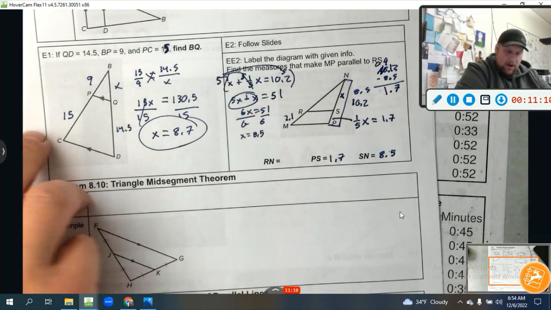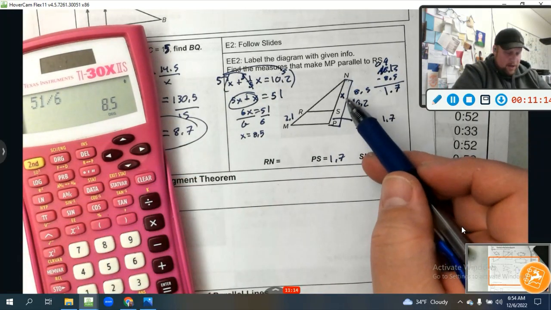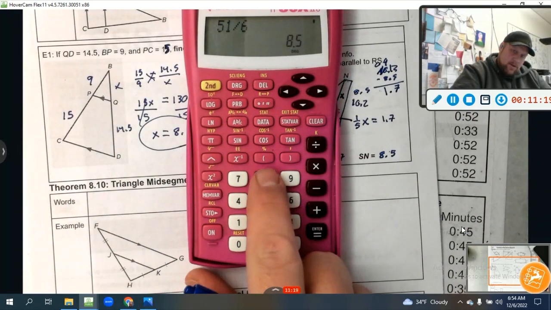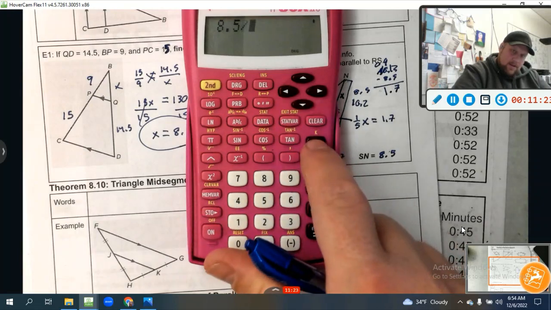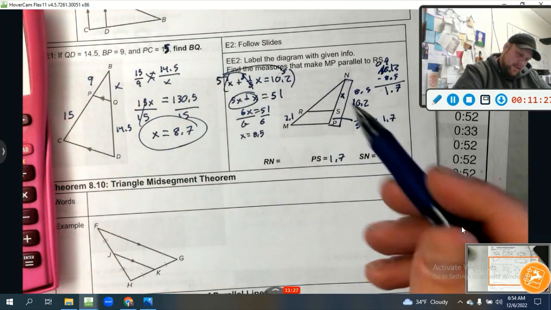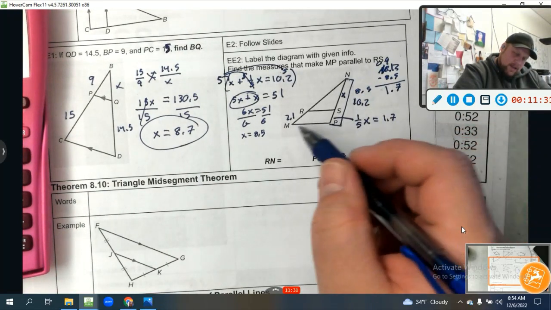Or I could have said, if it's right, it should be 8.5 divided by 5, because it's 1/5. So 8.5 divided by 5 should be 1.7. Look at that, it does. So I'm good. So now that I have these two lengths, I can set up proportionality.